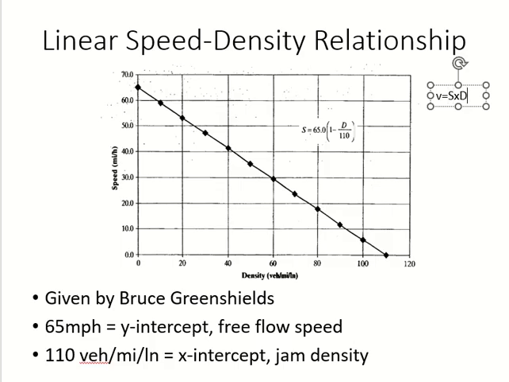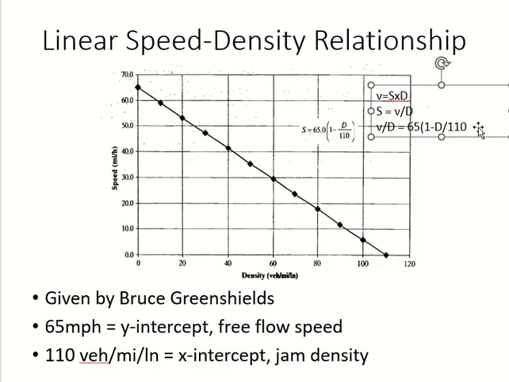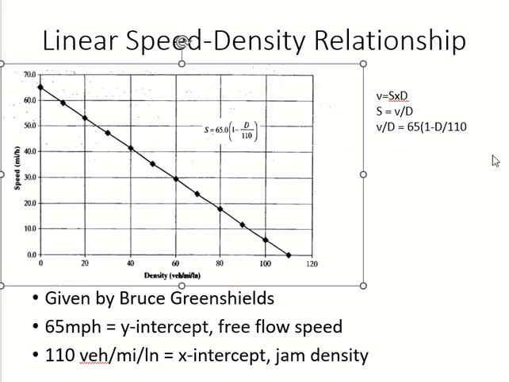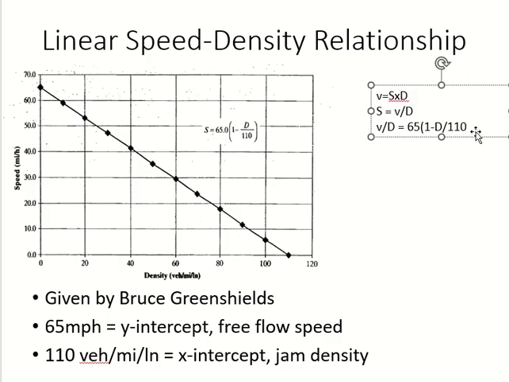So if V equals S into D, then S equals V over D. So V over D equals 65 times 1 minus D upon 110.